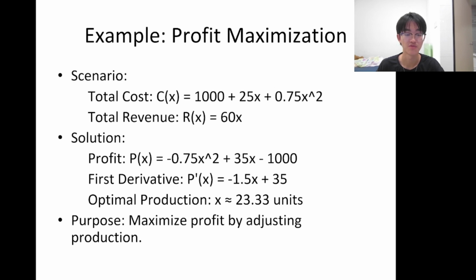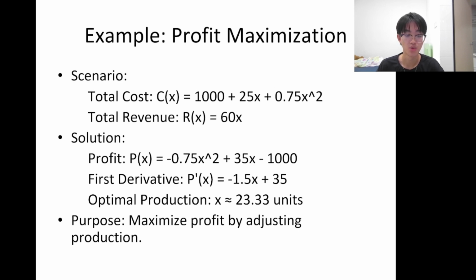And the total revenue function is R(x) = 16x. So the profit function is P(x) = R(x) - C(x) = -0.75x² + 35x - 1000. And the first derivative of P(x) is -1.5x + 35.